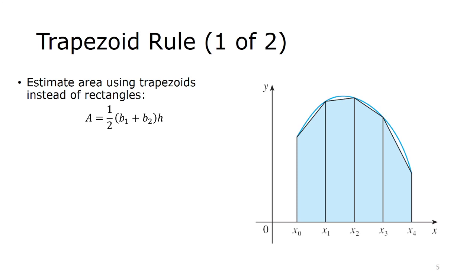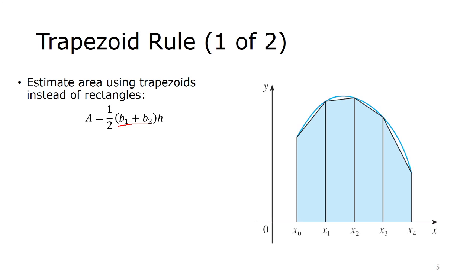Remember, though, that since we're using area of rectangles for Riemann sums and area of trapezoids for the trapezoid rule, we need to apply a different formula when we set up our sum. So our sum is going to look like this. The area of a trapezoid is 1/2 times the sum of the bases, b1 plus b2, times the height.